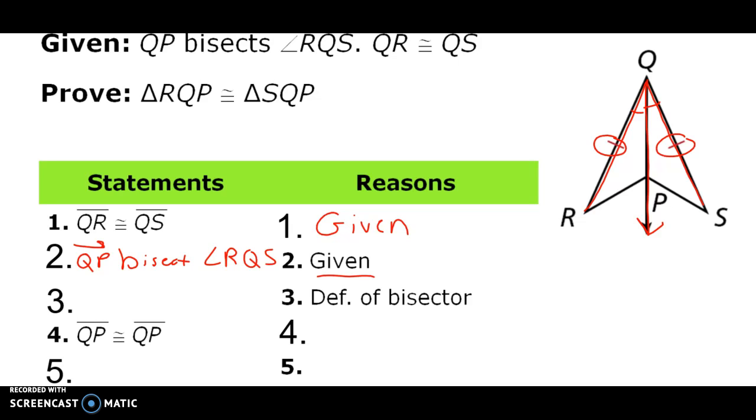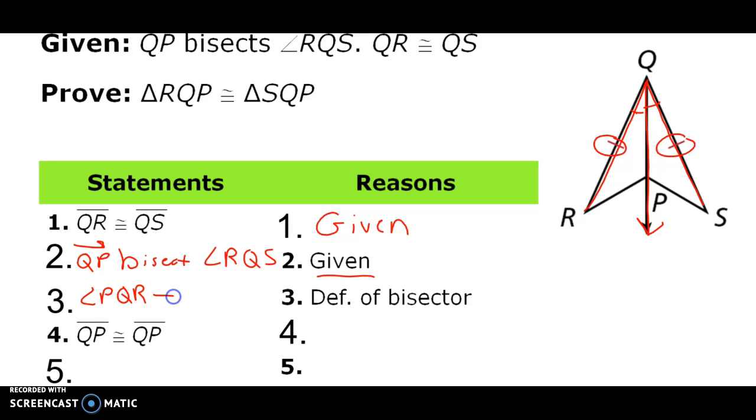So now we actually need to say that, though. So you can see the next reason is the definition of a bisector. So because it's bisecting, we know that it's cutting those two little baby angles exactly in half, or congruent to each other. So I would now say angle, what could I name this left one? What are some possibilities? RQP or PQR, the exact opposite.